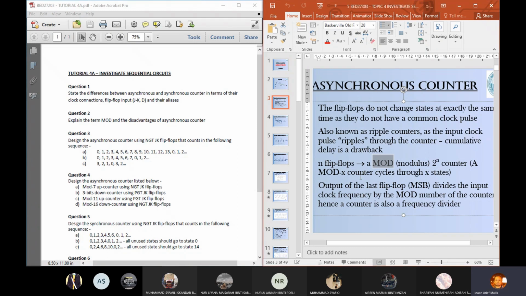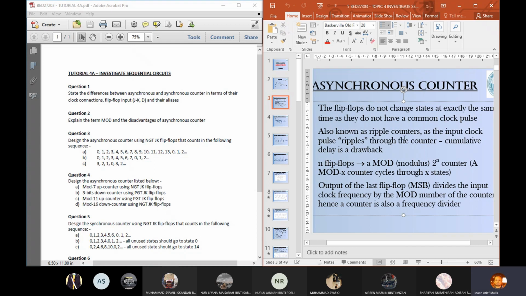So in terms of counter, the counter cycles through X states. If mode 10, it means the counter will cycle through 10 states. If mode 20, then 20 states. So modulus is the states. And the disadvantage of asynchronous is this: it does not change states at exactly the same time as they do not have a common clock source.